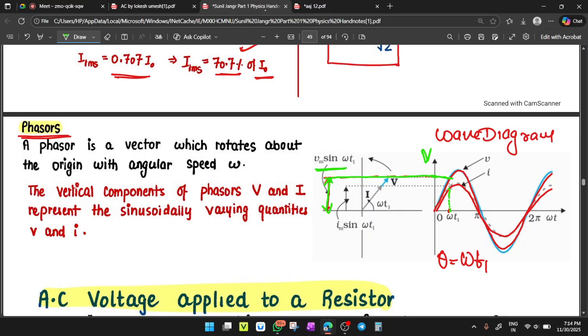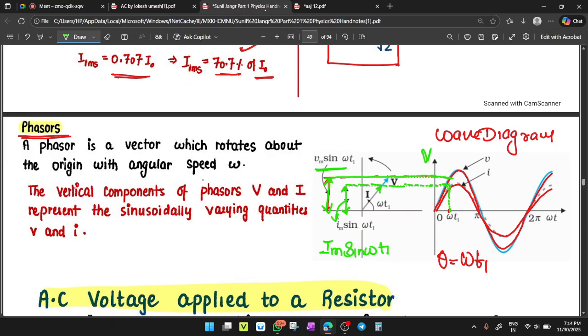So at this place, the value of current is given by the amplitude Im sine omega t1. Clear?